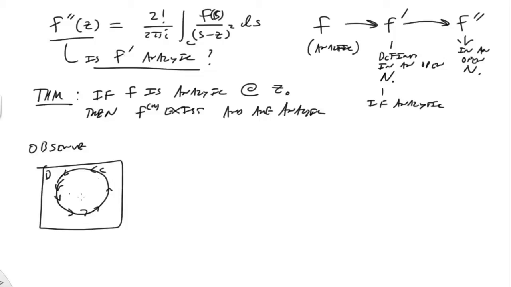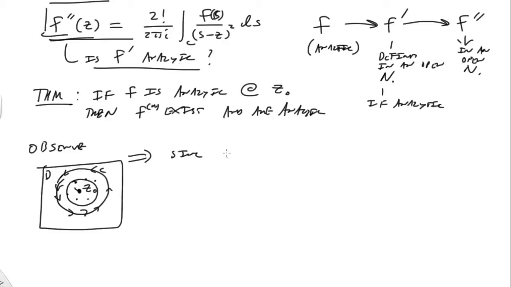We're assuming that f is analytic inside of all of this, and inside of this is z naught. Now I have a way of constructing f double prime. Note that I can put z0 anywhere I want in here, I can move it all around. In fact, I can draw a little neighborhood around z0 where f double prime always exists.